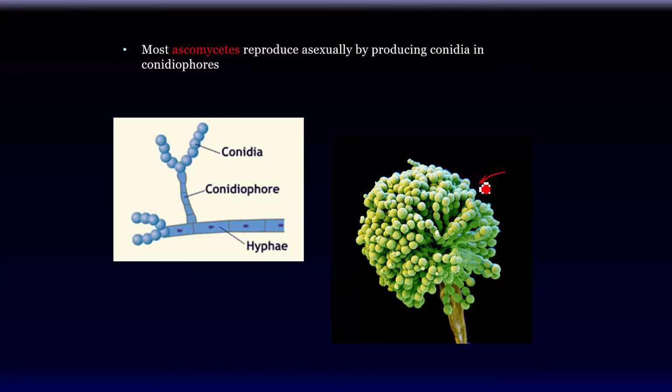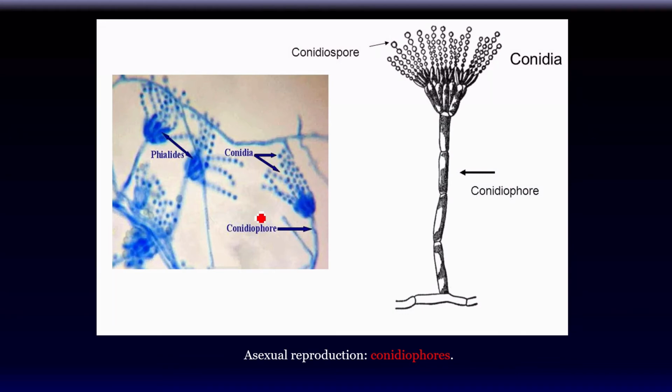The whole thing is called a conidiophore, and each little spore is called a conidium. These are just different terms for a process that's very similar between all of them. Here's a hypha with haploid nuclei, and they divide, and some of these hyphae form specialized structures called conidiophores, which give rise to hundreds of spores.